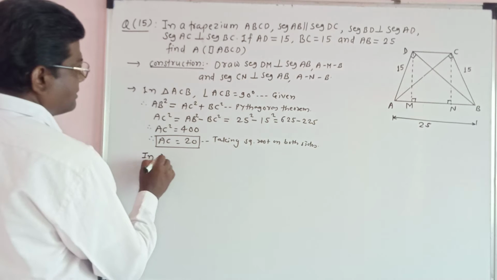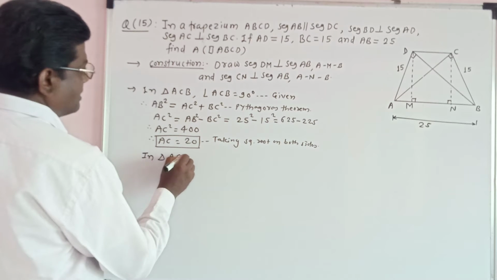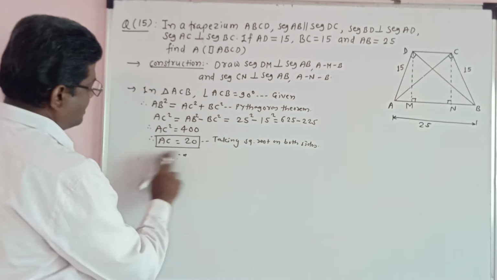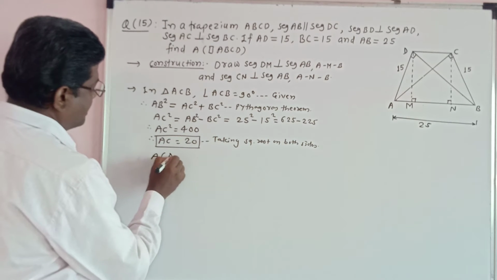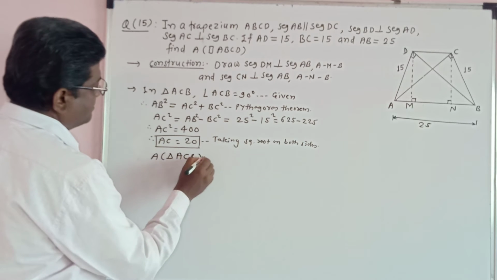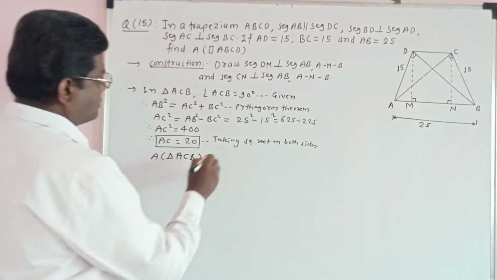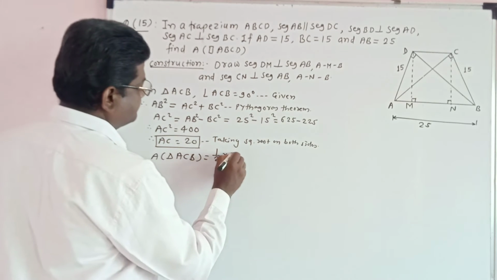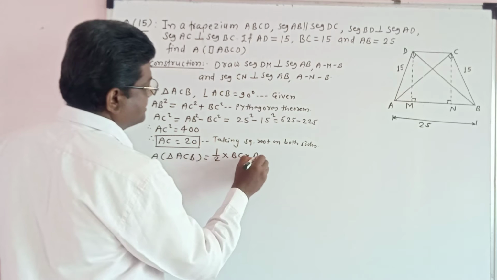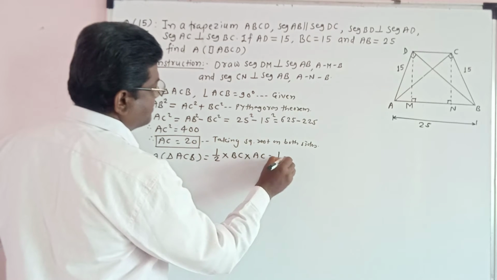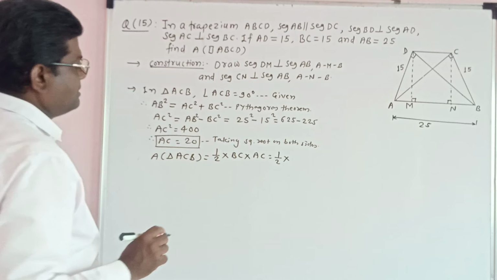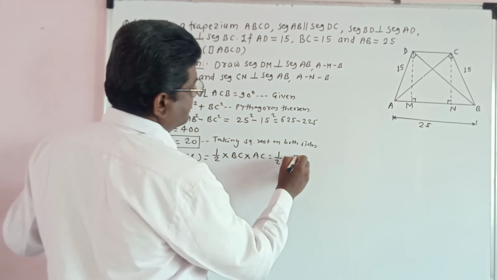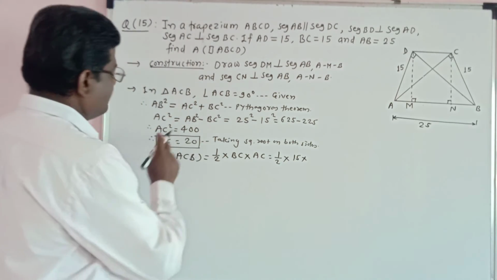Now in triangle ACB, area of triangle ACB is equal to 1/2 into base BC into height AC is equal to 1/2 into BC is 15 and AC is 20.